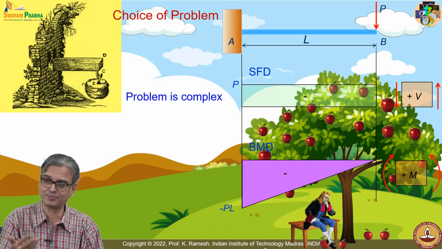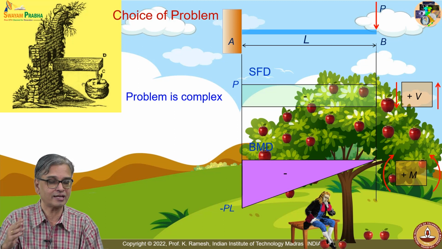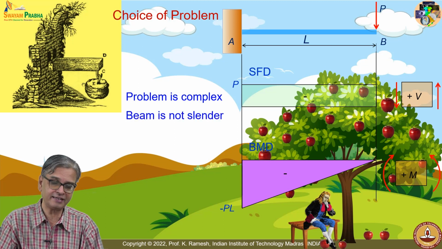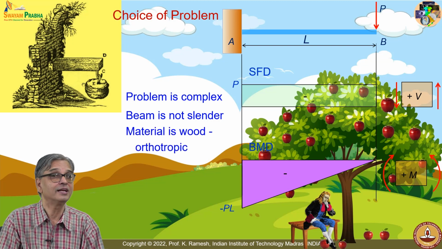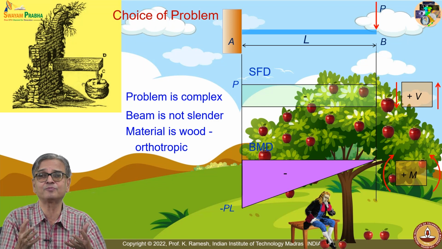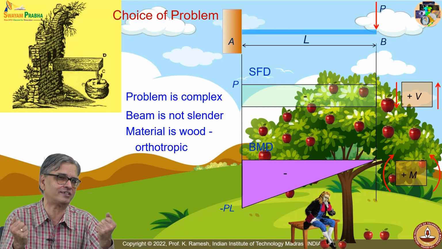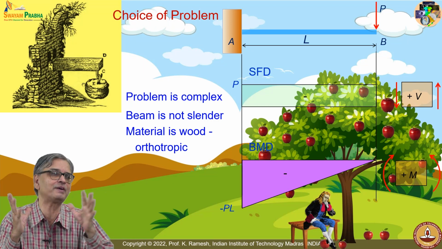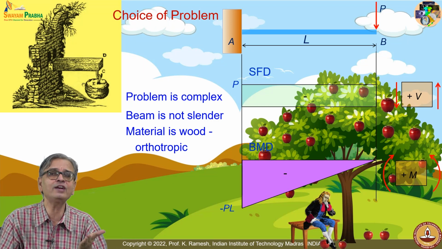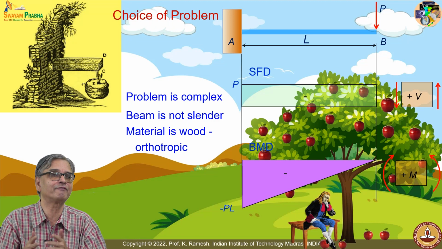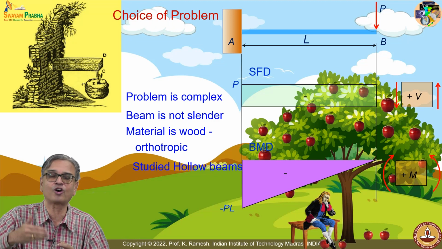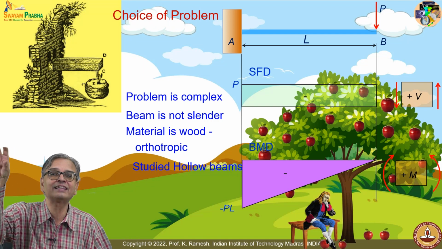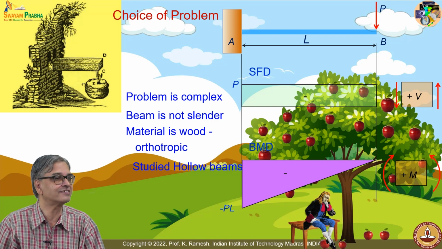He took a complex problem. He took a beam that is not slender. Material is wood, it is orthotropic. But they also look at what happens. See, when you want something to support load, you want that to be solid, isn't it? Solid means something completely filled. But he found in nature, when you have wheat fully grown, you find the wheat stalks are hollow and they carry at the end heavy grains.